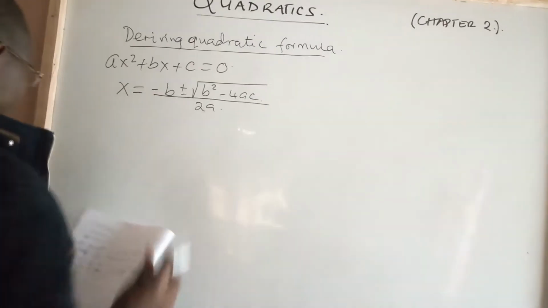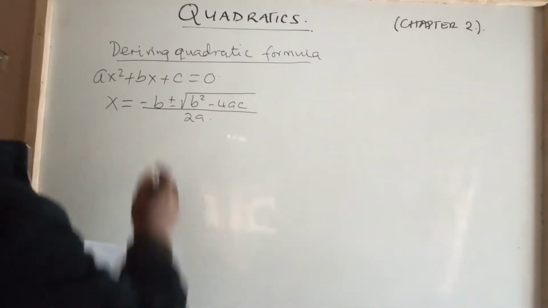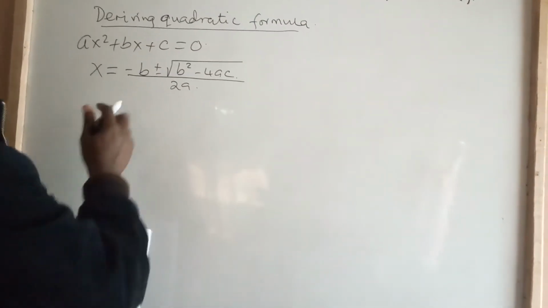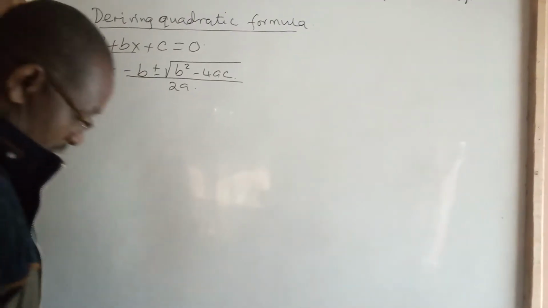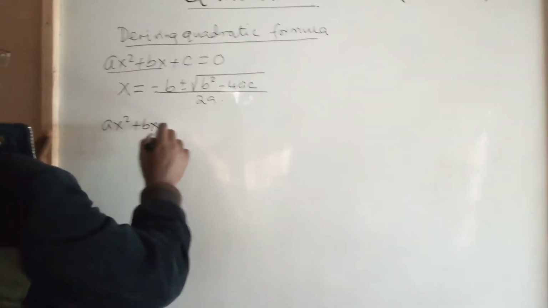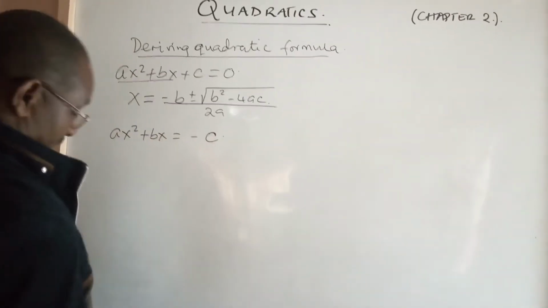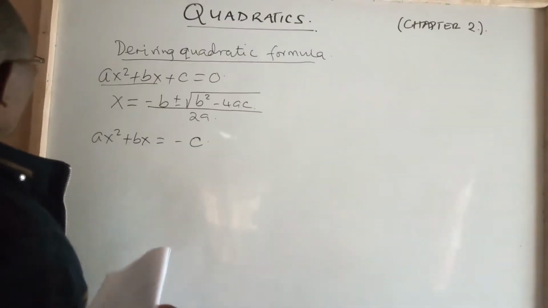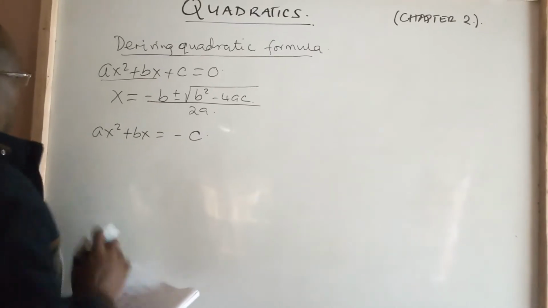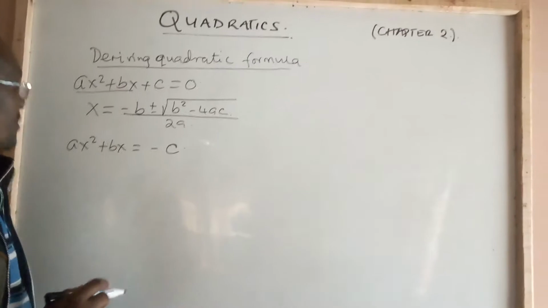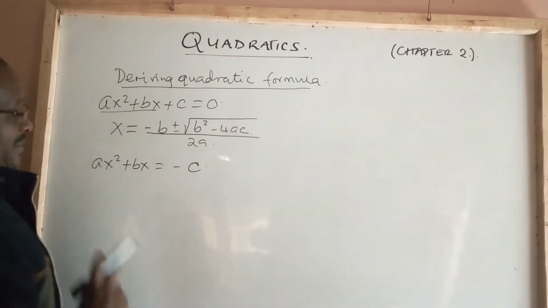Of course, from this equation, we realize that c, being a constant, has to go on the other side because we want to complete the square of the left hand side. So we start by saying ax squared plus bx equals negative c. And because we have a coefficient of x squared, which is a, the best way to complete the square is when we have a as 1.